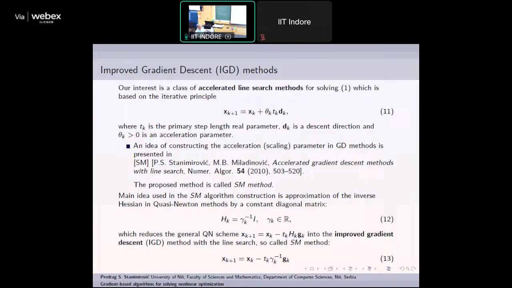Use the Hessian as a diagonal matrix, only a constant diagonal matrix, in the form of the inverse of a scalar value gamma k and the identity matrix. I is the identity matrix of our images. This is the simplest approximation of the inverse of the Hessian.